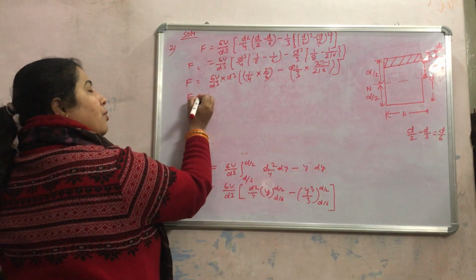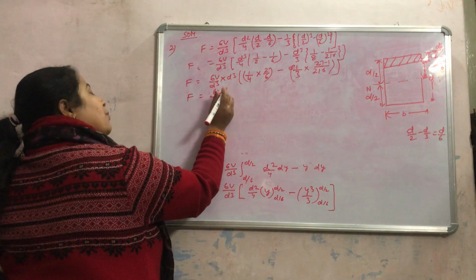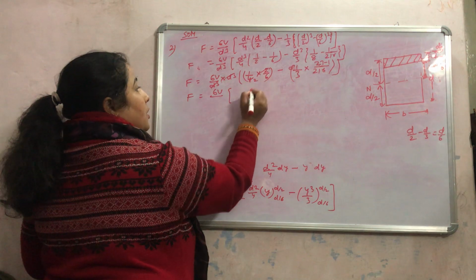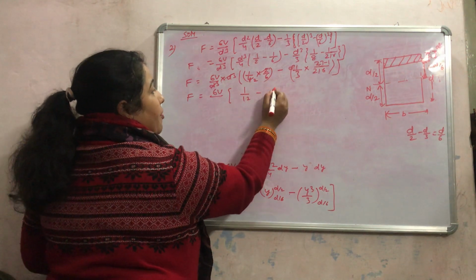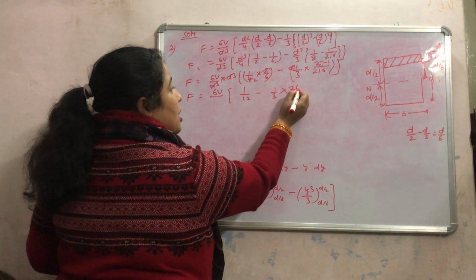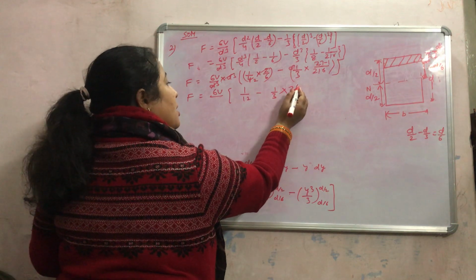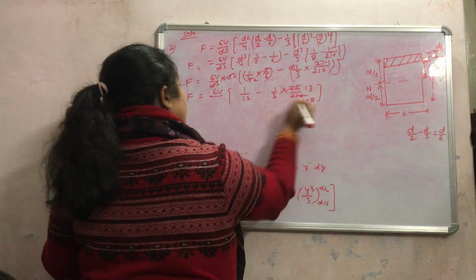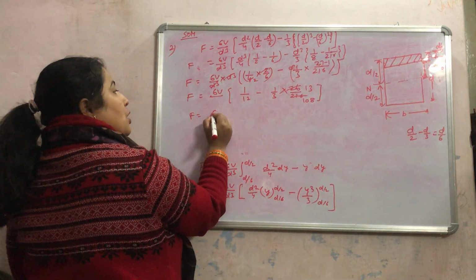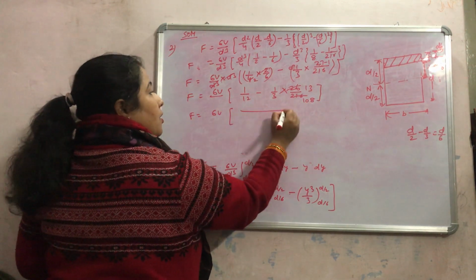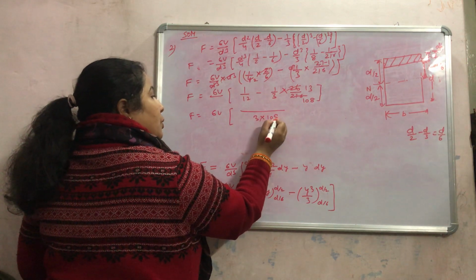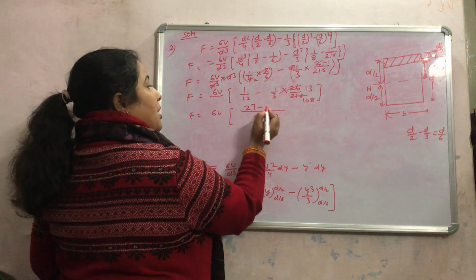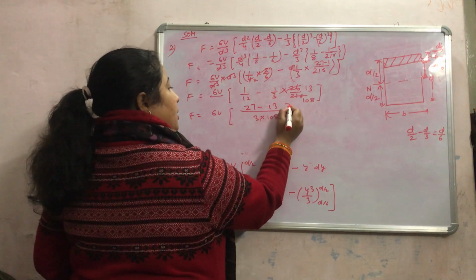So F equal to 6V d cube, d cube cancels out, 1 by 12 minus 1 by 3 into 26 upon 216, that is 13 upon 108. So F equal to 6V into (3 into 9 minus 13) upon 108, that is 27 minus 13.